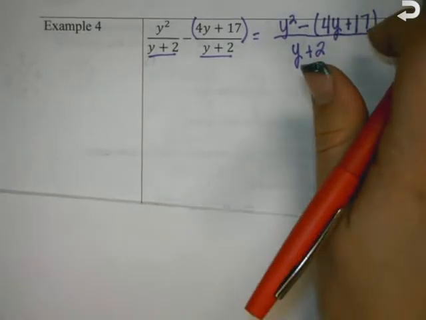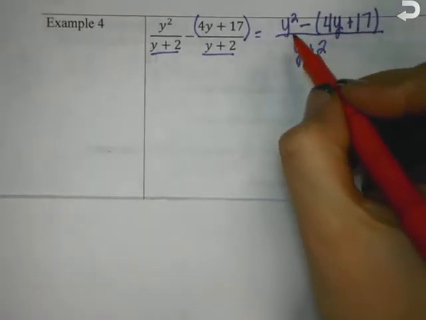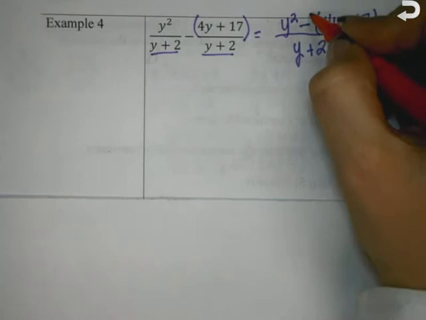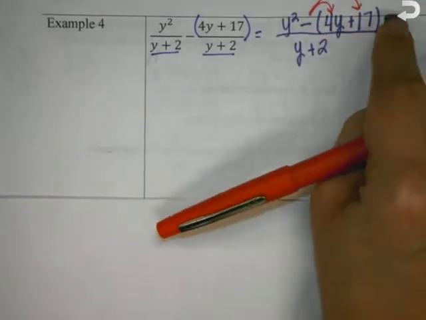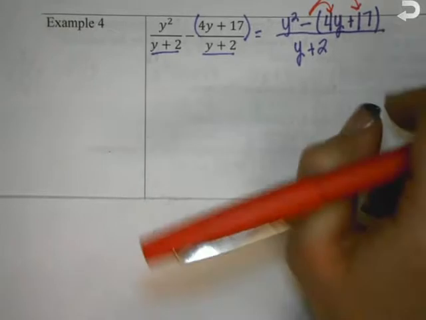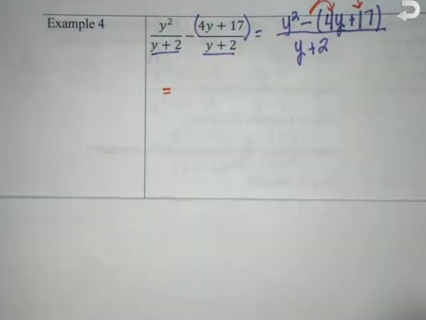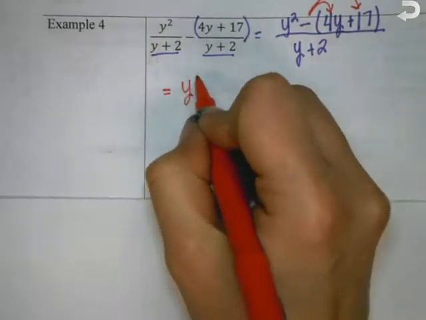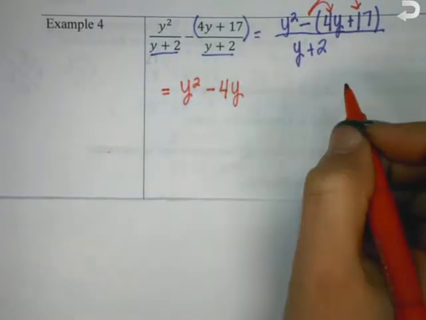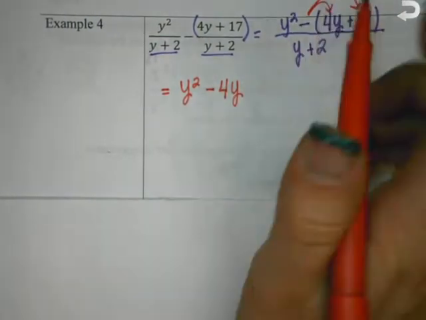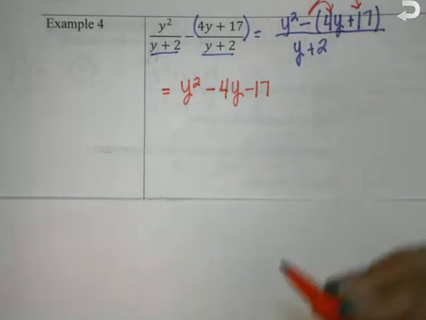I distribute that negative, and we have to distribute it to both numbers. So what would I get in the numerator? y squared minus 4y minus 17. Excellent. All over y plus 2.